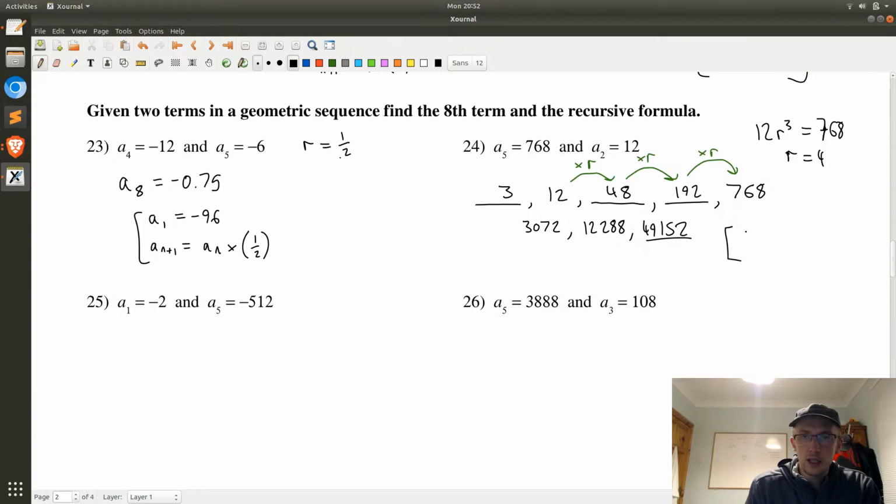Okay. A1 is 3. And to get to the next term, you have to multiply the prior term. So we're going to write A(n+1). You have to multiply the prior term by 4. And there you go.